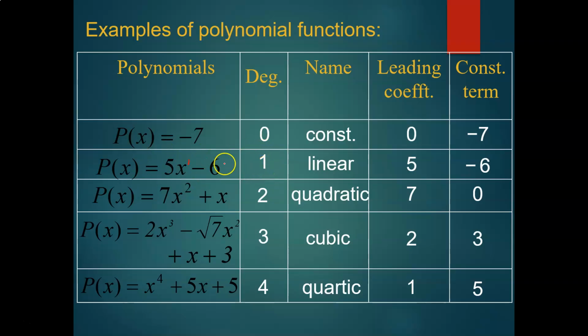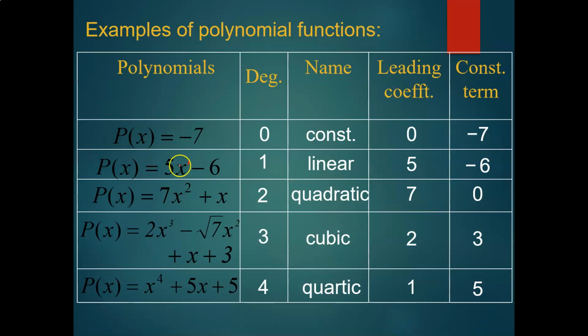Okay, what function is this? We have 5x minus 6. When you have degree to the power of 1, this one we call a linear function. And what is the leading coefficient? Okay, macam mana kita cari leading coefficient is that you cari you punya x yang dengan kuasa yang paling tinggi dan cari apa perkali dia.